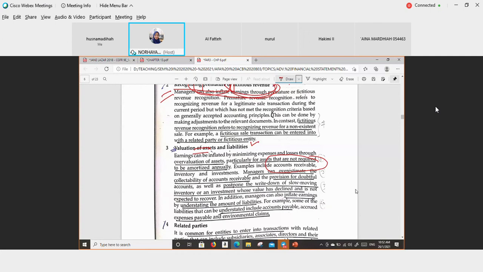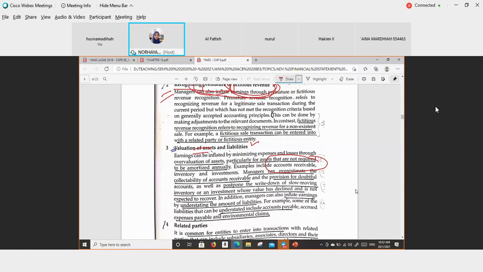Okay, they delay providing the provision for doubtful debts in order to make... kalau let's say you provide the provision for the food ataupun you write off the account receivable, that will actually increase your expenses. Betul tak Tira? Betul. Kalau increase expenses mean lower earnings. Betul tak Tira? Betul. So dia melambat-lambatkan ataupun dia tak write off. Okay, dia tak write off dia punya account receivable.